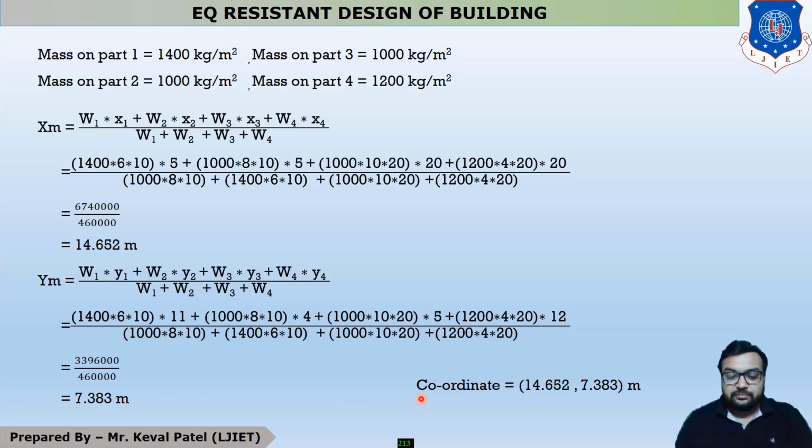So our final answer for the center of mass coordinate is 14.652 and 7.383 meter. This is our example to find only the center of mass. In the next lecture, we will find the center of mass and center of stiffness in example number 3.